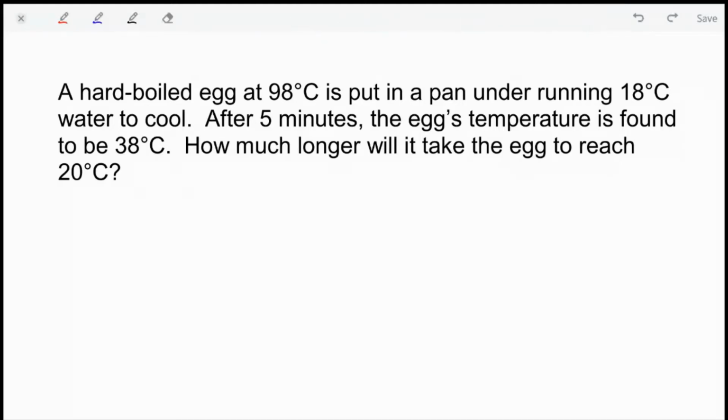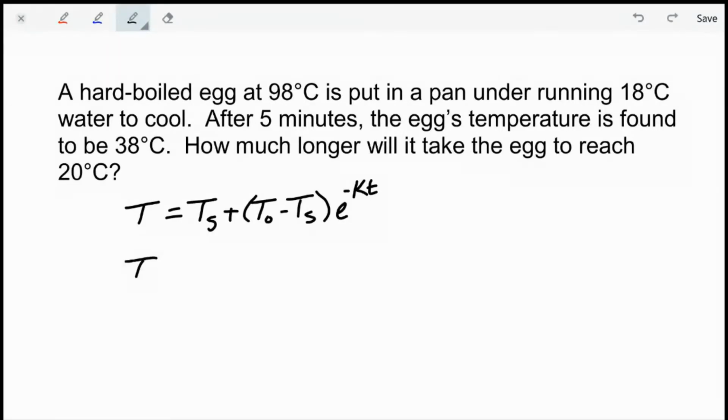So remember, we had that setup where the temperature is equal to the surrounding temperature plus the initial minus the surrounding times e to the negative KT power. They didn't give us all of this information, but they gave us a lot of it. So we know the surrounding temperature is 18 degrees because that's what we're putting this hard-boiled egg under. We know the initial temperature is 98, and they gave us some information about a particular point in time.